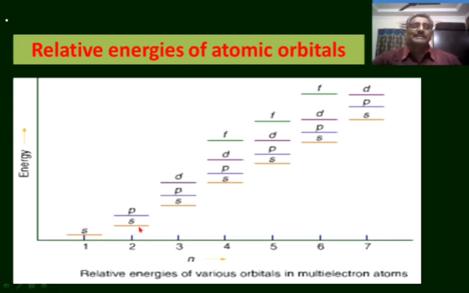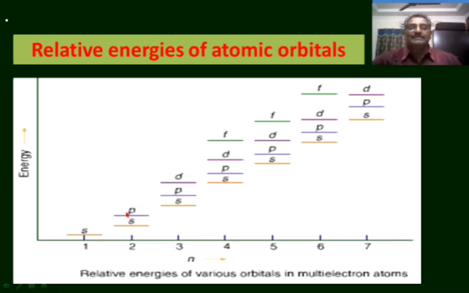Whereas in the second main energy level, there are 4 orbitals, one s orbital and 3 p orbitals. The energy of the s orbital is less than the energy of the p orbitals. But all the 3 p orbitals possess the same amount of energy, as the principal quantum number and azimuthal quantum number are the same for all the p orbitals.